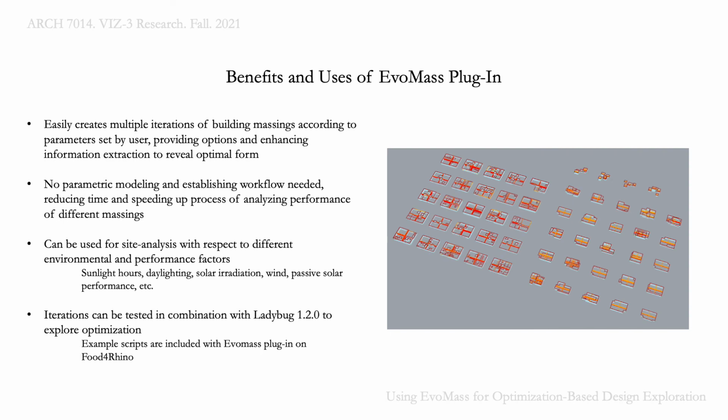It doesn't require any parametric modeling or establishing workflow, which reduces time and speeds up the process of analyzing performance of different massings. It can be used for site analysis with respect to different environmental and performance factors. So, this could be sunlight hours, daylighting, solar irradiation, wind, passive solar performance, etc.